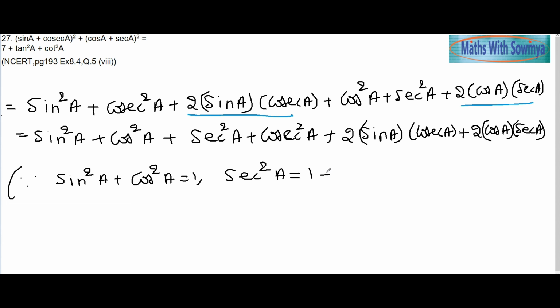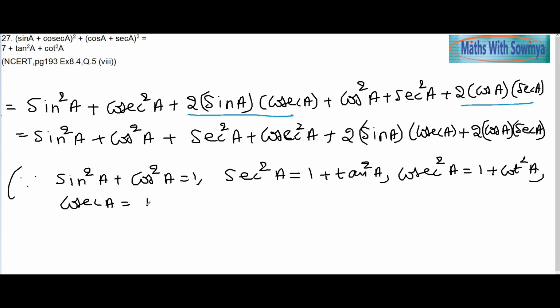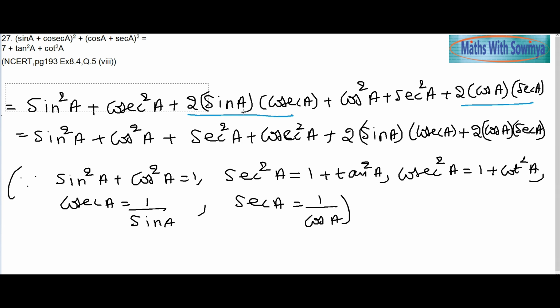Which is nothing but 1 plus tan square A. And what is cosecant square A? Which is 1 plus cot square A. And similarly, cosecant A is nothing but 1 by sin A. And secant A is nothing but 1 by cos A. We just replace the things here, we will reach our answer.